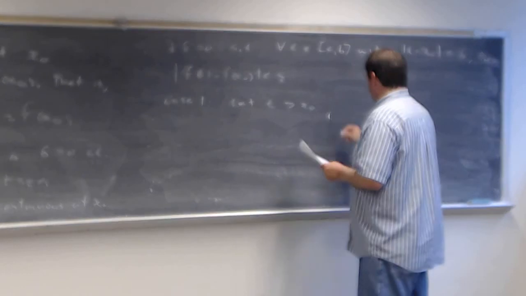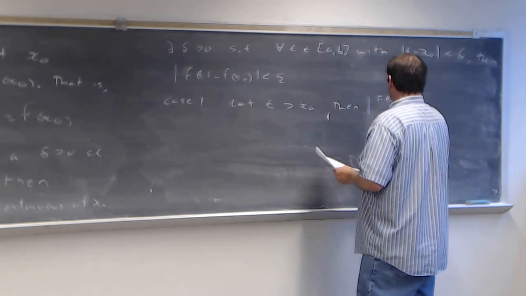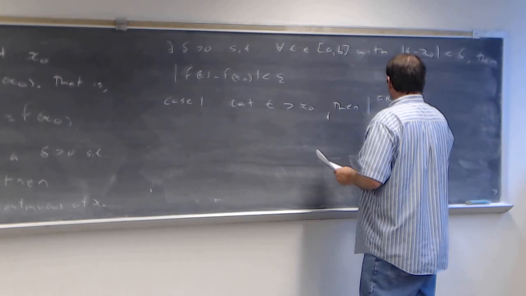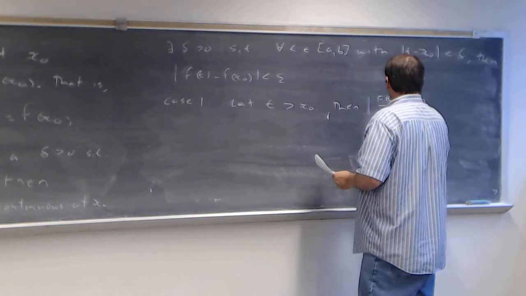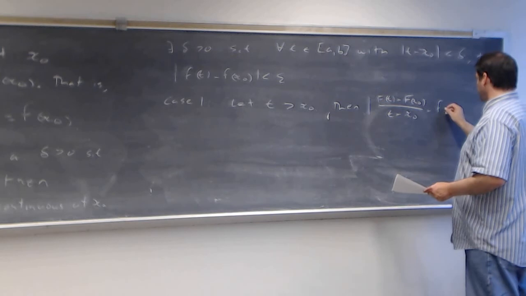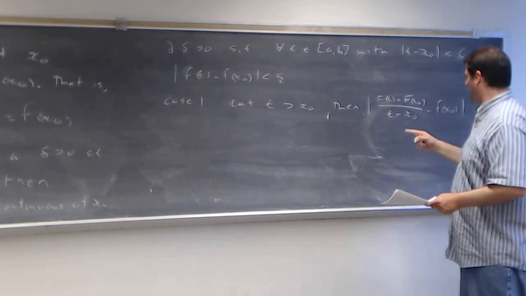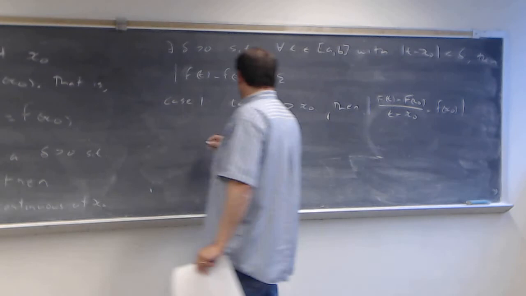Then what we're trying to look at is this absolute value, big F of t minus big F of x naught all over t minus x naught, minus f of x naught. We hope to show it's less than epsilon. Now t is bigger than x naught.